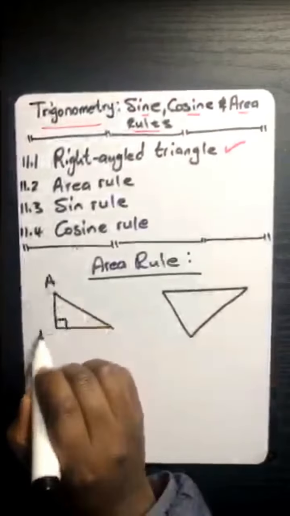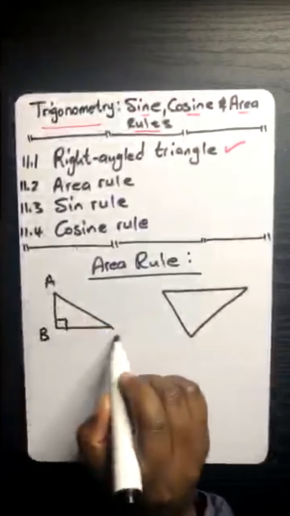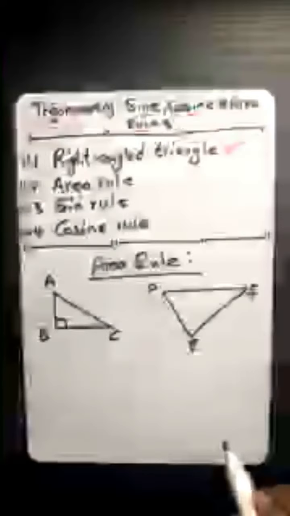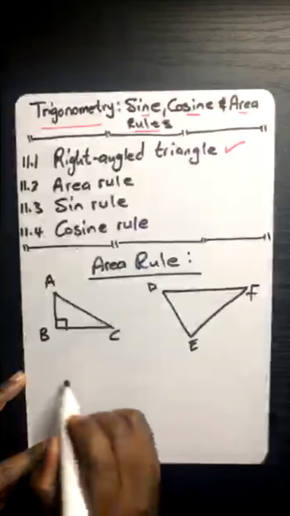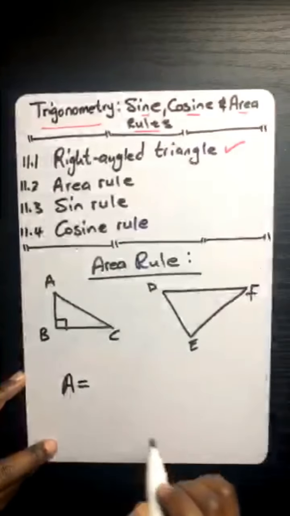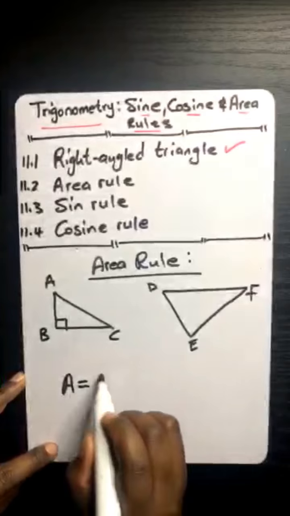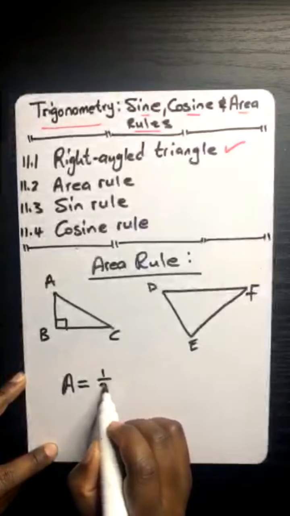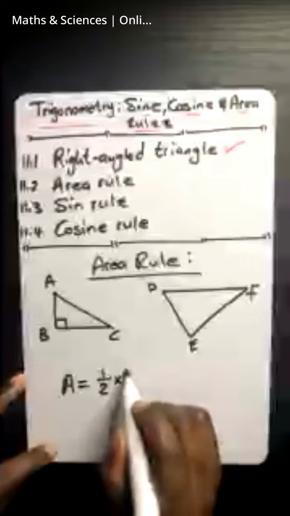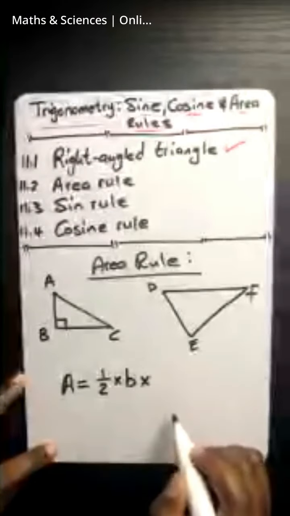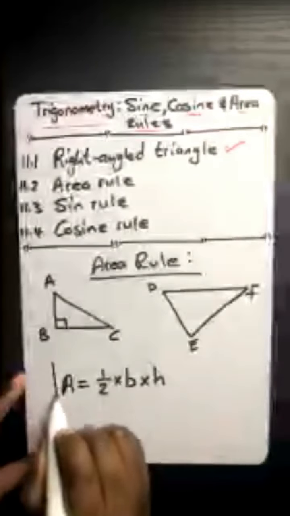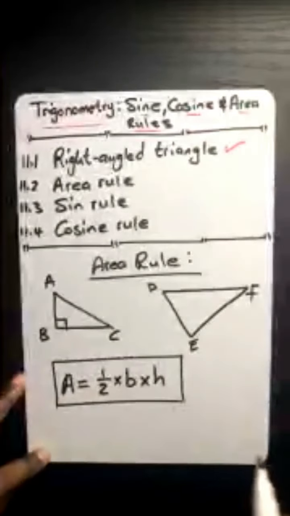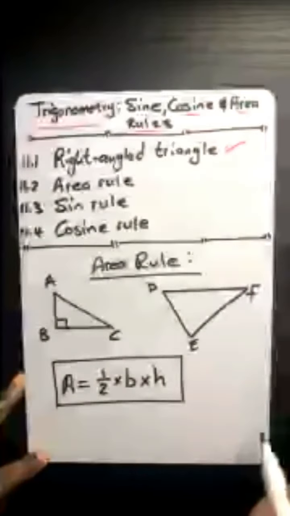Let's say this is A, this is B, and this is C. Maybe this is D, E, and that is F. We know very well that the area of a triangle is equal to half multiplied by the base multiplied by the height.